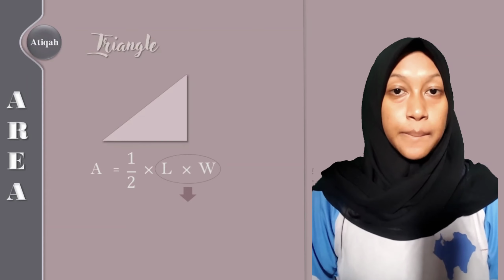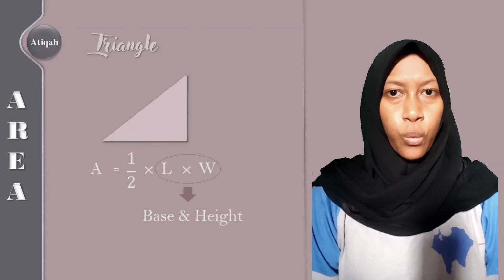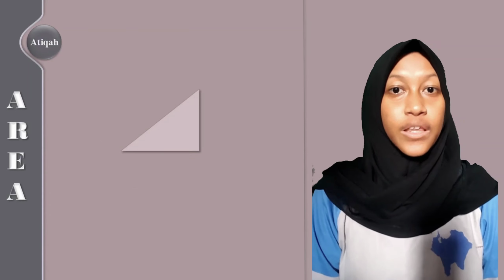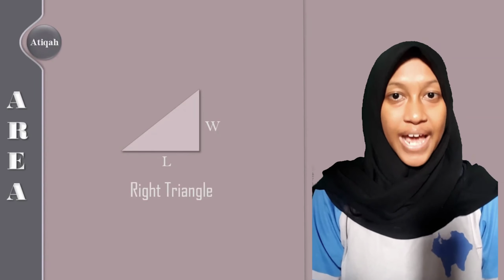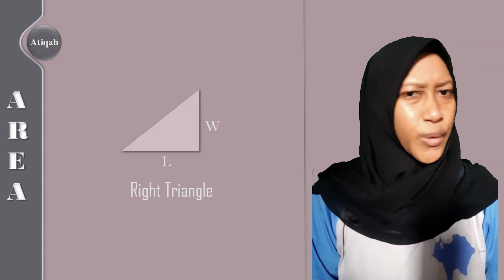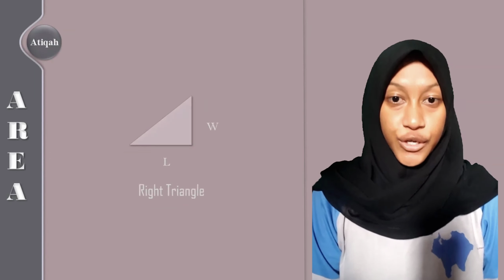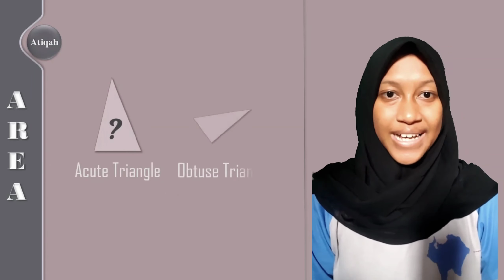We're going to call them base and height. Why? The names length and width work for this right triangle, but those names don't really work for other kinds of triangles, like an acute triangle and an obtuse triangle.